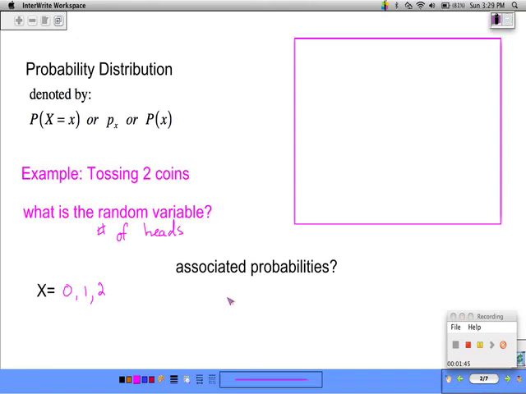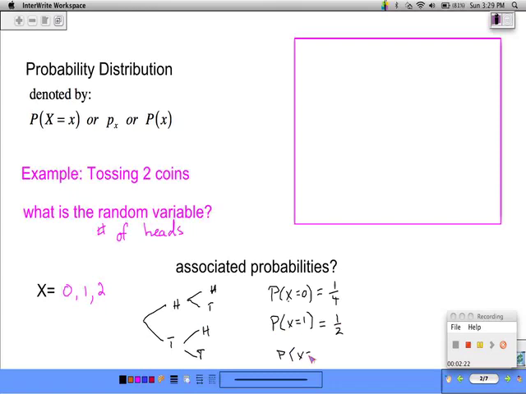And the associated probabilities, we could make a quick list here, or a tree diagram. We could get heads, tails on the first coin, and heads, tails on the second coin. The probability of getting a 0, that we don't get any heads, is 1/4. The probability that x equals 1, that is we get 1 heads, is 1/2, and the probability that x equals 2, that is we get 2 heads, is also 1/4.